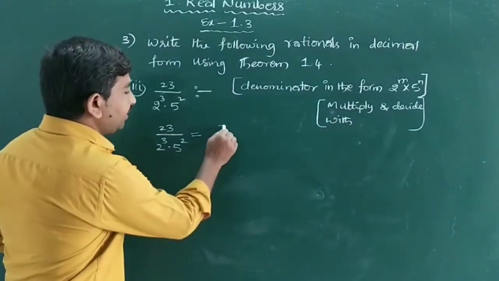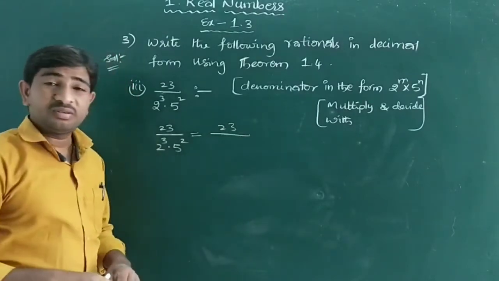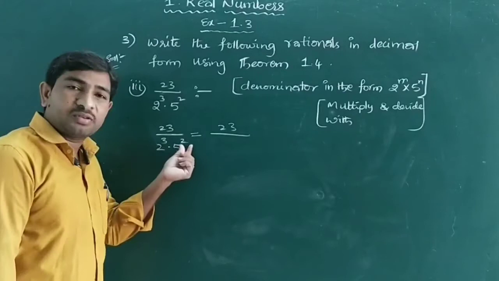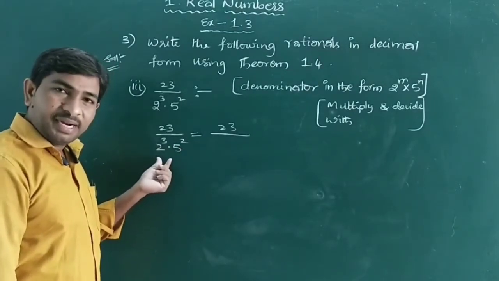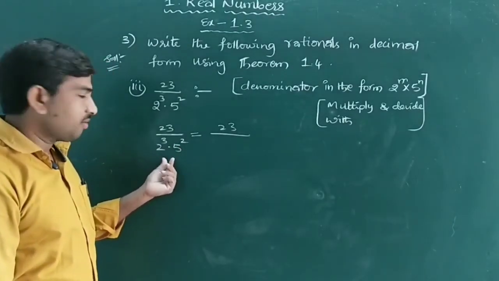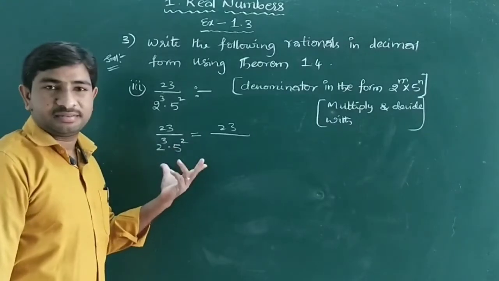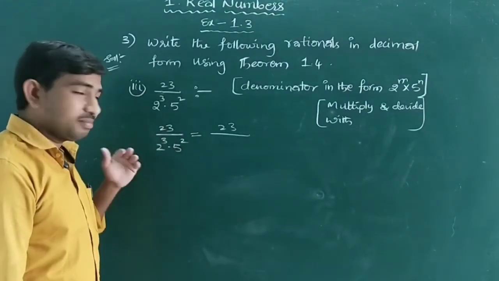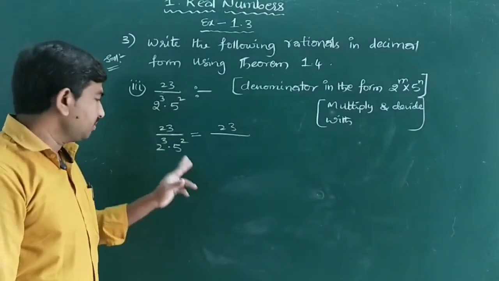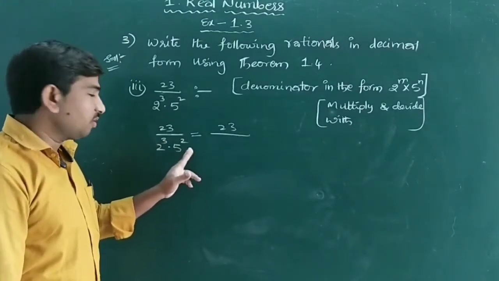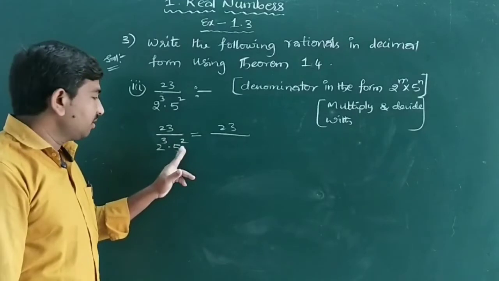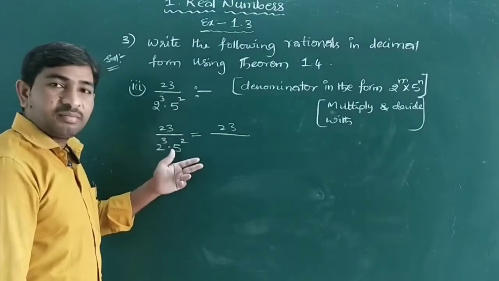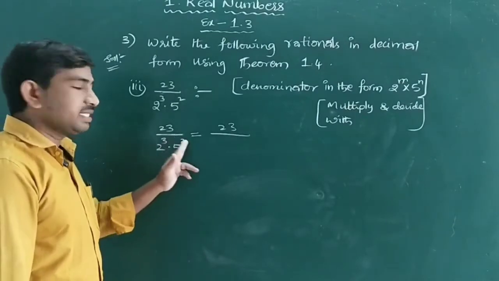Under the denominator, the value is in the form of 2 power m into 5 power n, so it is a terminating decimal, we can understand. But to write the decimal form, the powers must be equal. Here the powers are not equal; it is only 5 power 2. So we have to multiply with another 5 to get the powers equal.